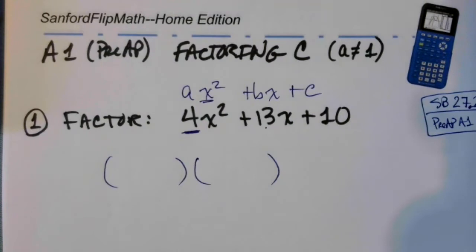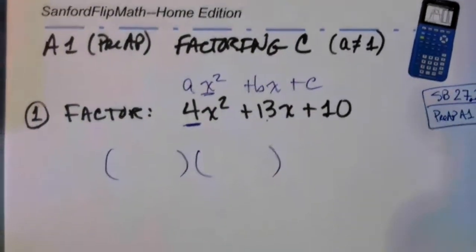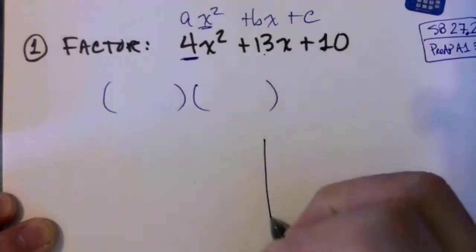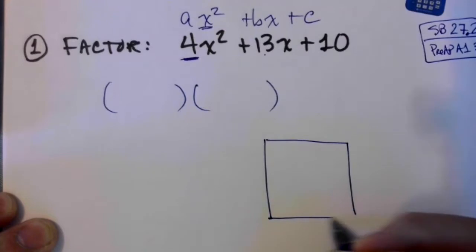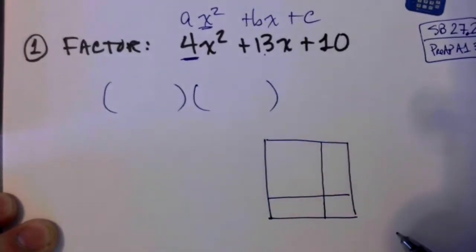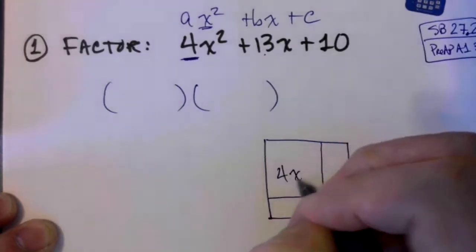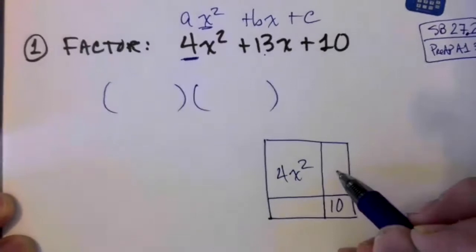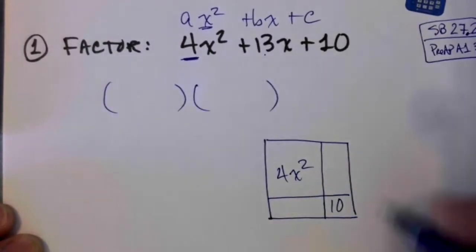Well, we've been doing a lot of work with what people refer to as the box method, the area model for multiplication. The idea is that we have some rectangle that we use as a graphic organizer, and we put the 4x squared, the first term, in here, the 10 here, and we use this as a way to take apart everything.